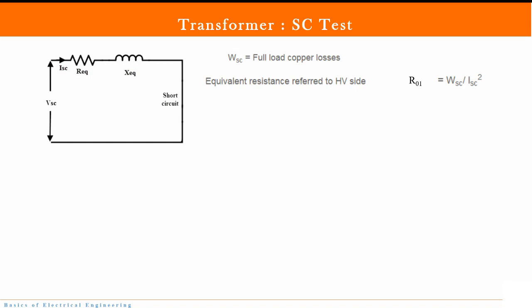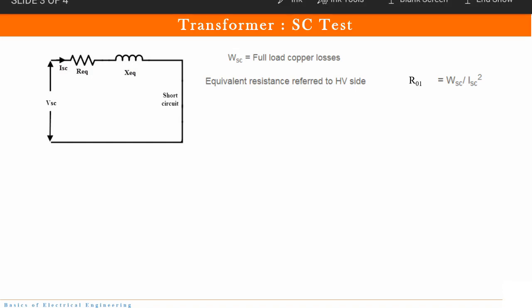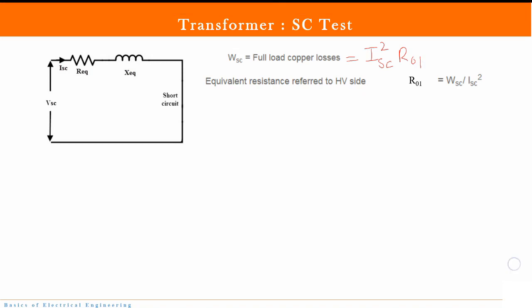So R naught 1 can be obtained by using this relation, because WSC was nothing but ISC square R naught 1. Correct? This depends on the current.